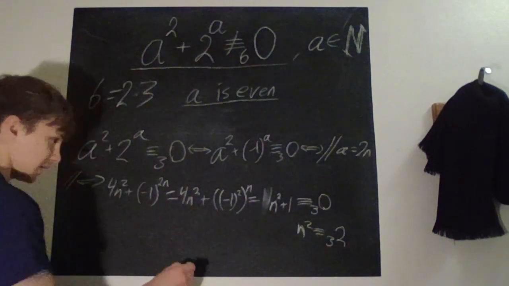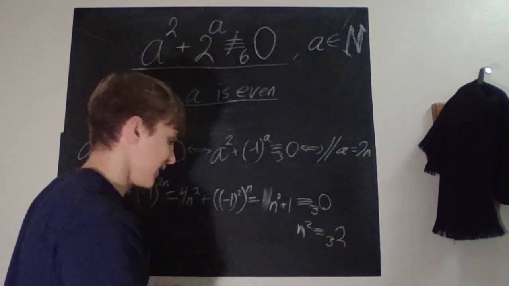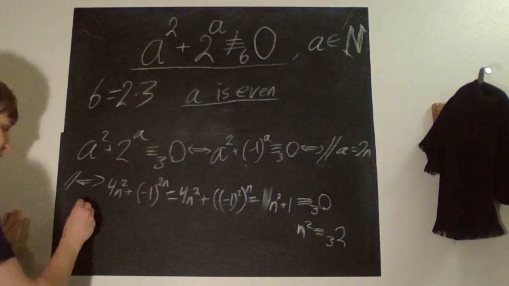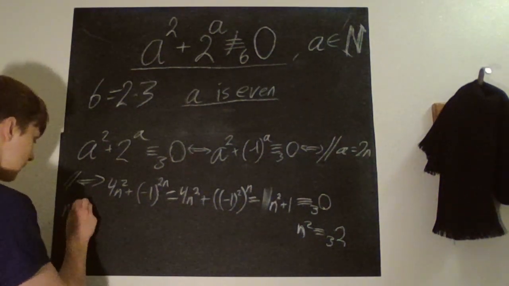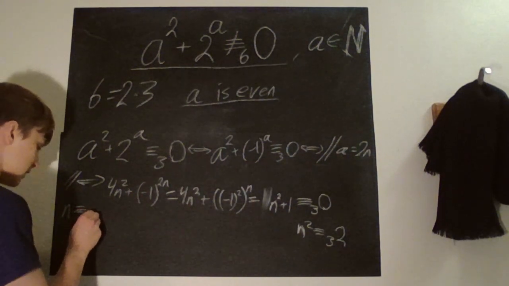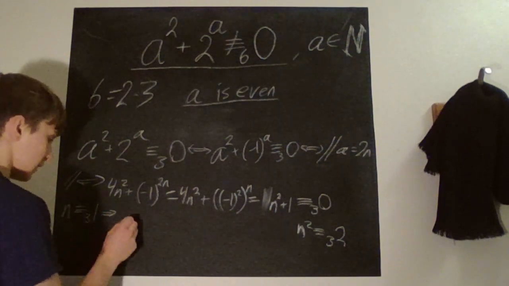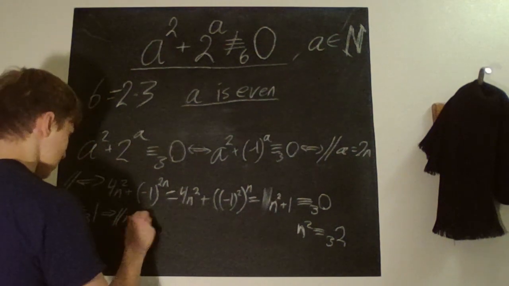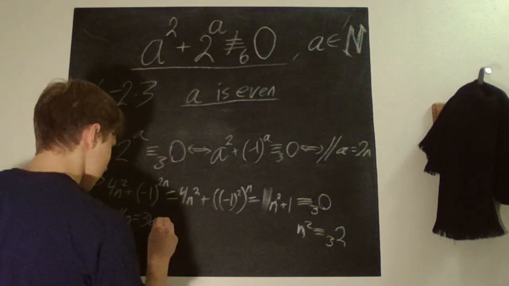So if n is divisible by 3, then n squared is obviously divisible by 3, so we don't even have to regard that case. The first case is if n is equal to 1 modulo 3. Then we say that n is equal to 3k plus 1.